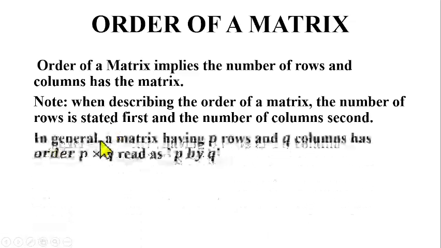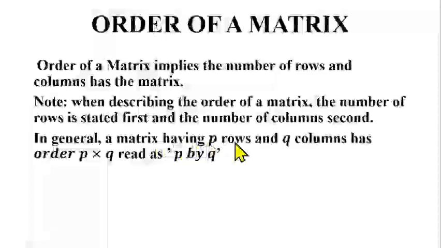Now in general, a matrix having p rows and q columns has order p times q, which is read as p by q. So let's assume I have a matrix and the matrix has p number of rows and q number of columns. If I want to say the order of that matrix, I'll say it is p by q.